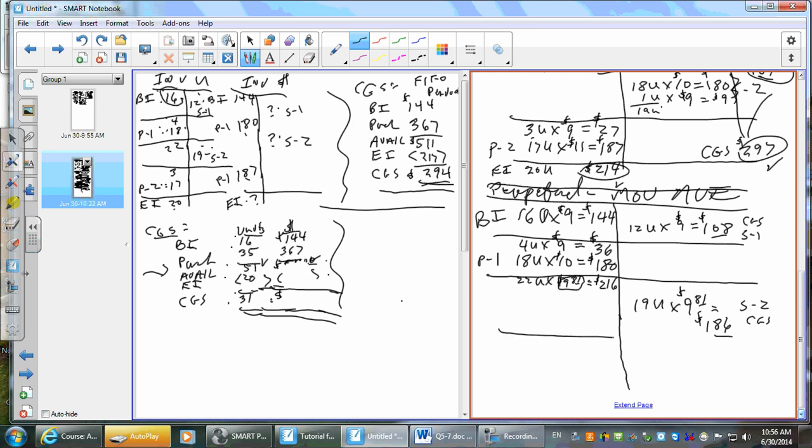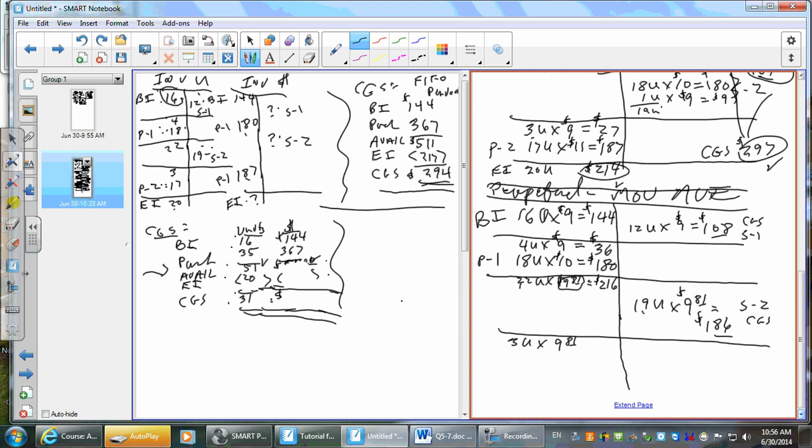Okay. So after that sale, how many units do I have left? You had 22, and now you sold 19. What do you think, guys? 3 units. What do they cost? I had them in at 9.81, and I sold them at 9.81 cost of goods sold. That's not my sales price, right? Sales price is more than that. Okay, so 9.81 on those, right?